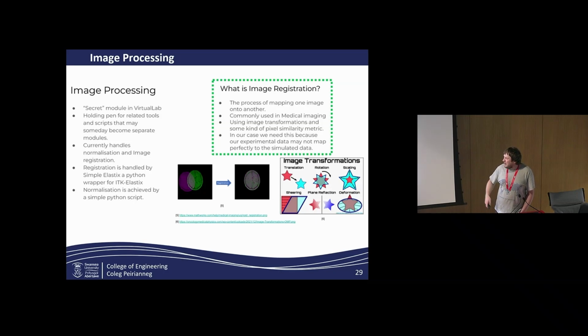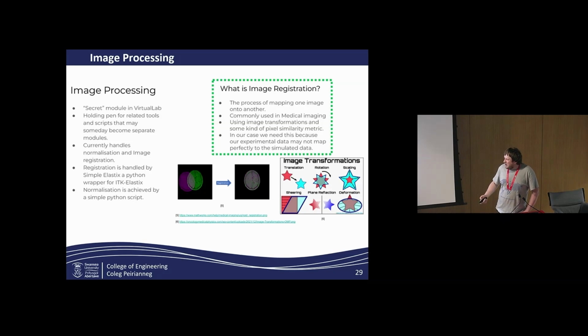There's all kinds of techniques you can use, any manner of different tools. It's a bit of a rabbit hole on its own. But short version is VirtualLab has ITK-Elastix in there, wrapped by a thing called SimpleITK. Although simple is a bit of a debatable term there, because this is not a simple tool to use, but it exists.